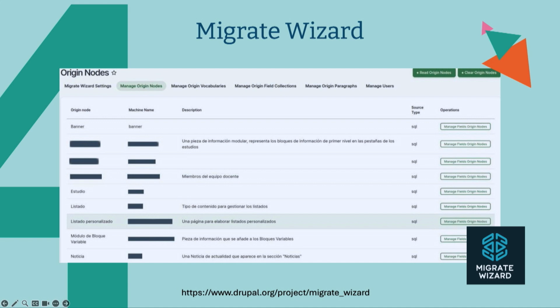And one feature of this module is that we can define the path for the existing public files, the Drupal 7 files, and the module can migrate these files to the new media entities in the new Drupal version.